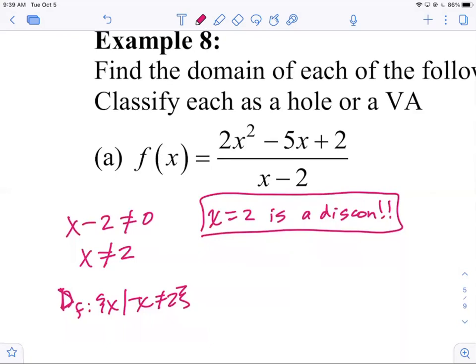Now, we are going to run out of time today, but when we get to class tomorrow, the first thing we're going to do with this function is factor it. And when it's in factored form, you'll see that it's then super easy to determine if it's a hole or a VA. And Brady, you may end up being right. Time will tell. Your reasoning, though, if you are right, it might just be a little bit of fortuitous happenstance.